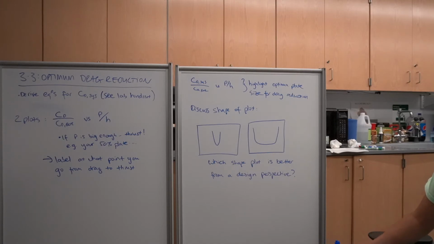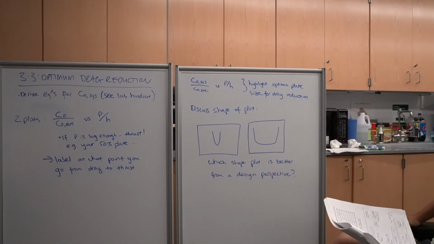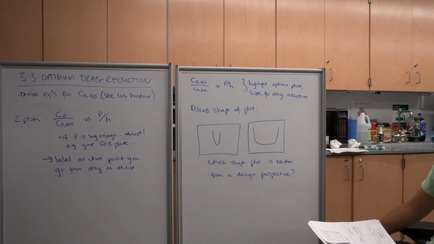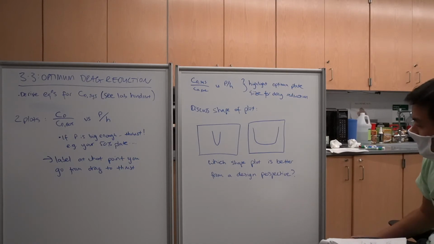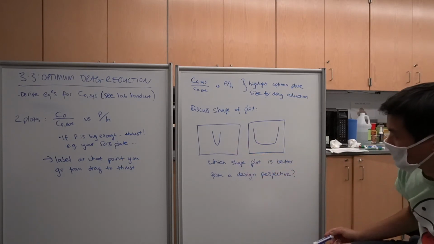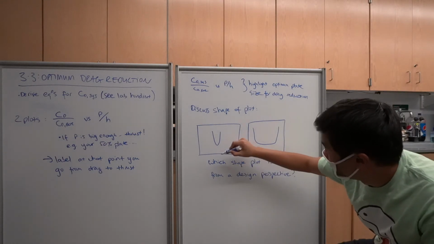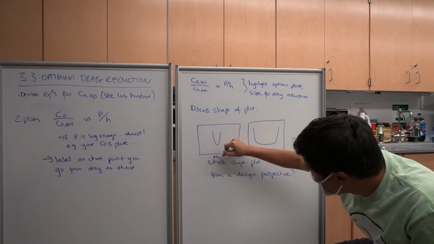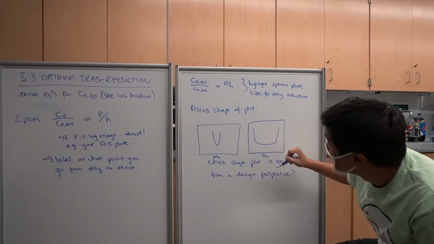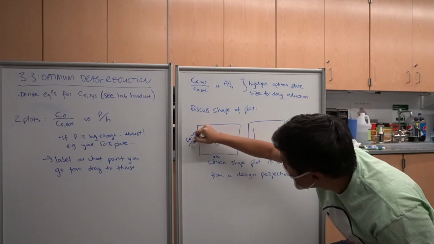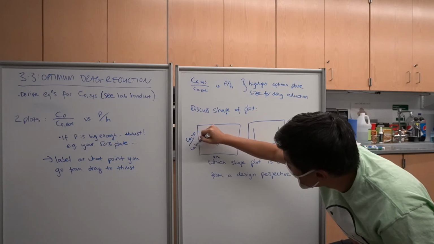And so we can see that here presented are two options for the shape of the plot, essentially. So this is a very narrow region with the x-axis being P over H and the y-axis being CD system over CD var.